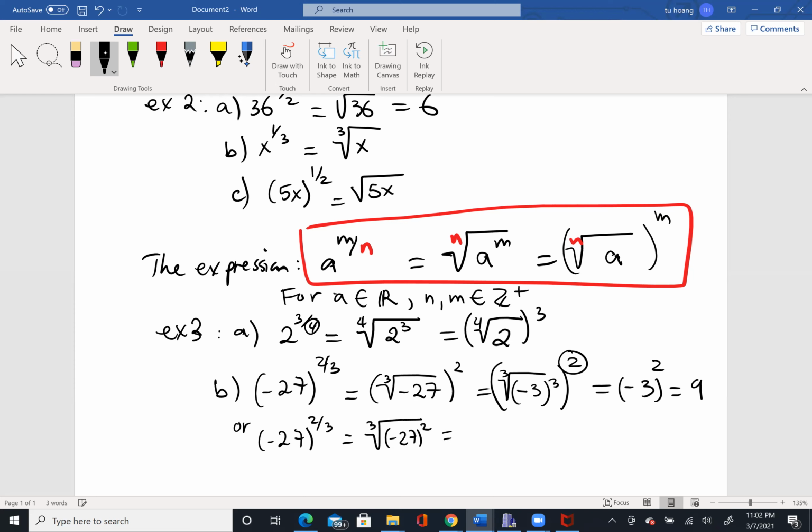I can change it to become the cube root of 729, and the cube root of 729 you can change to the cube root of 9 times 9 times 9, and that will give you just 9. So that tells you that either way, you still get the same result.